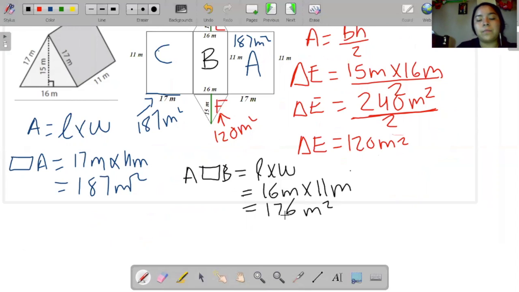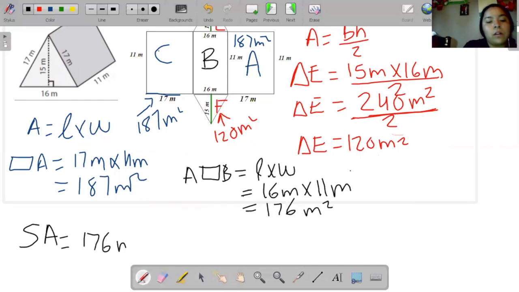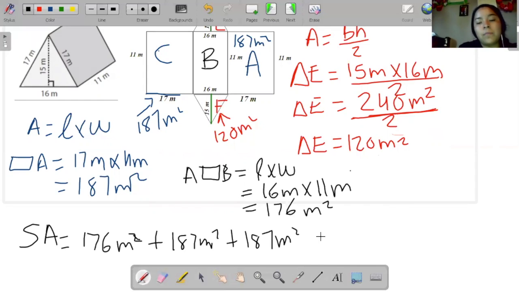So then we're going to add the area of rectangle A plus rectangle B plus rectangle C plus triangle F plus triangle E. So the surface area is equal to 176 meters square plus 187 meters square plus another 187 meters square plus 120 meters square plus 120 meters square.